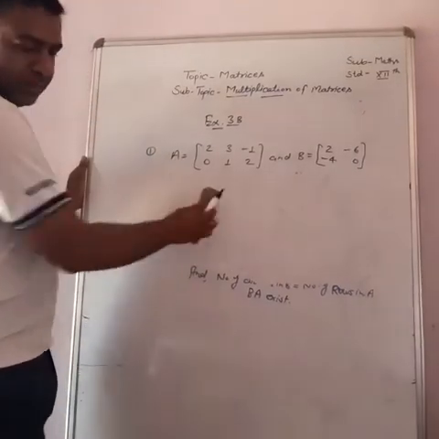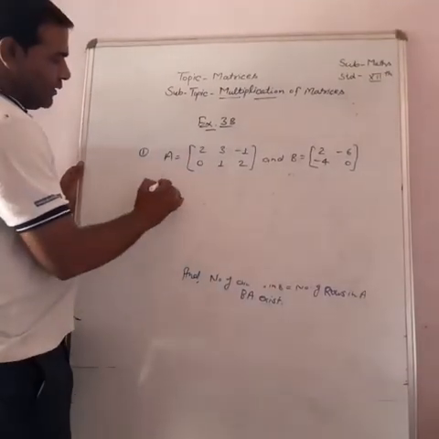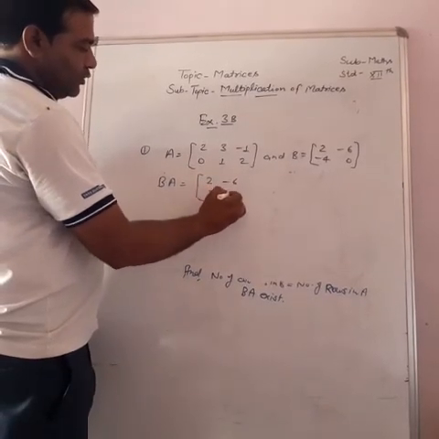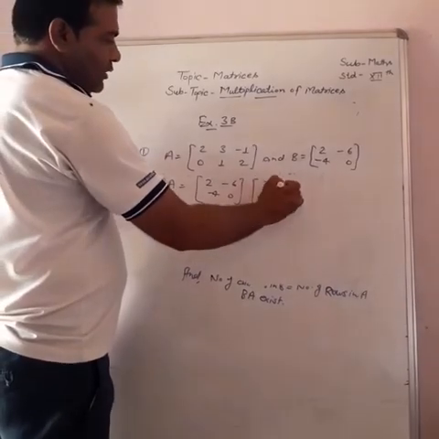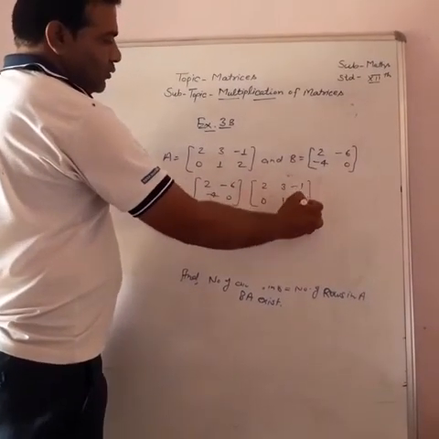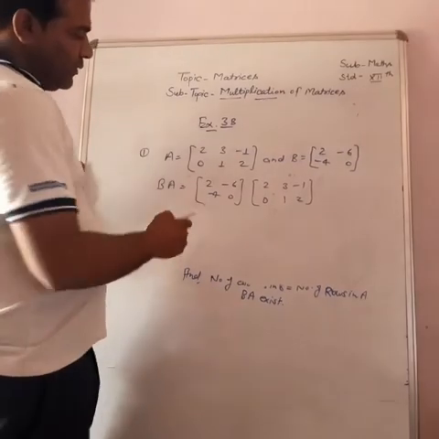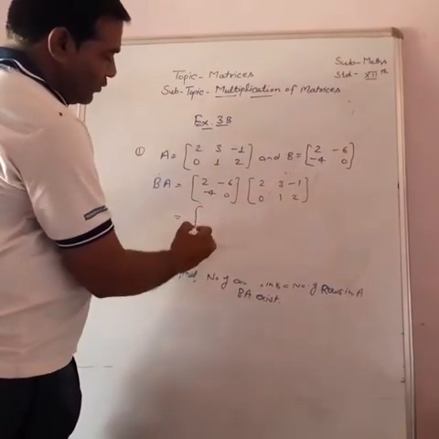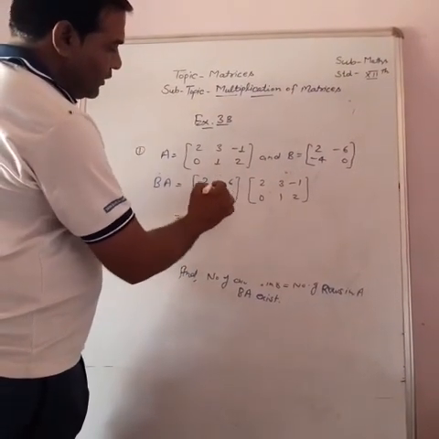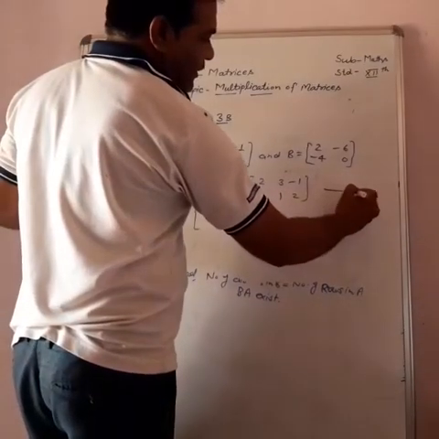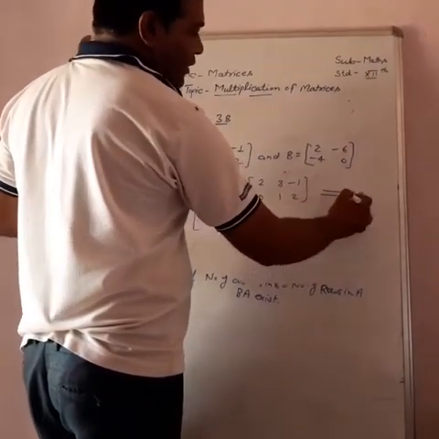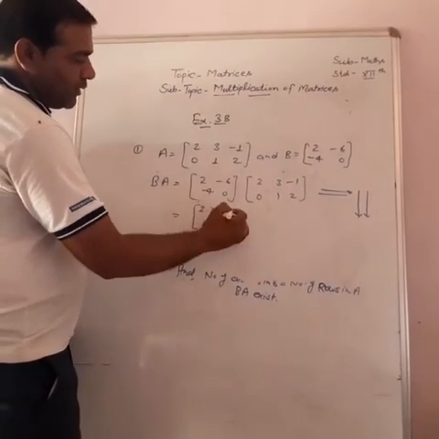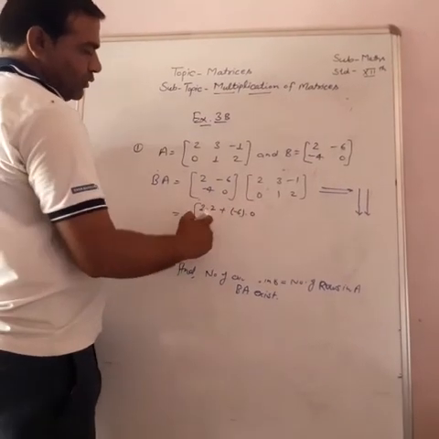The process to find BA: first write down B, [2 -6; -4 0], and beside it A, [2 3 -1; 0 1 2]. The process is that you have to take a row here and a column here. 2 into 2, the arrow symbol is this and this, here from left to right and here from up to down: 2 into 2 plus -6 into 0.